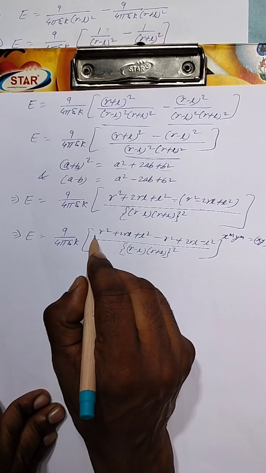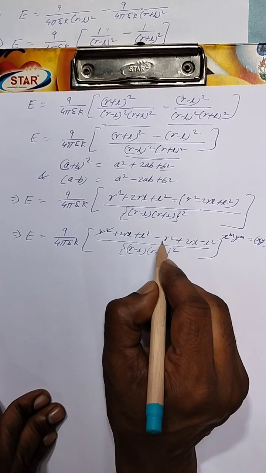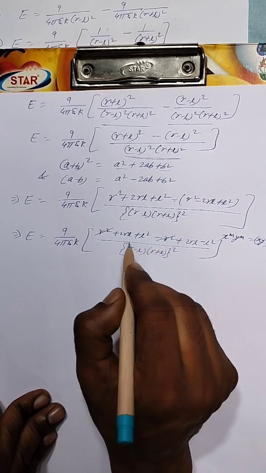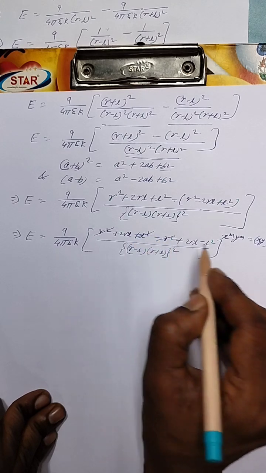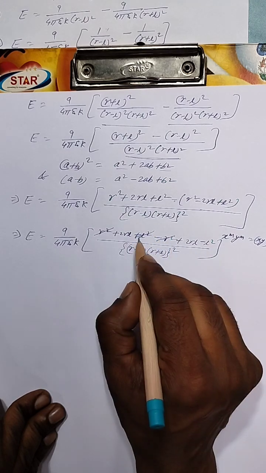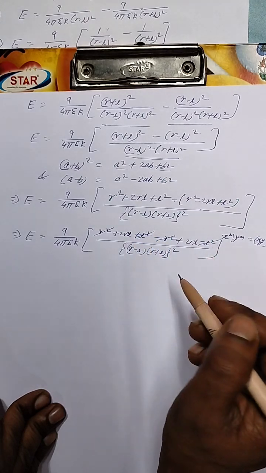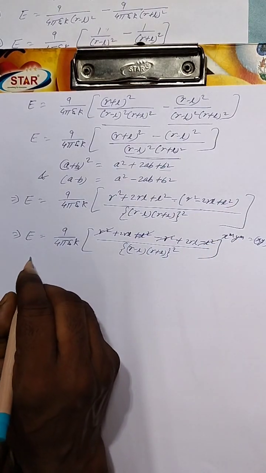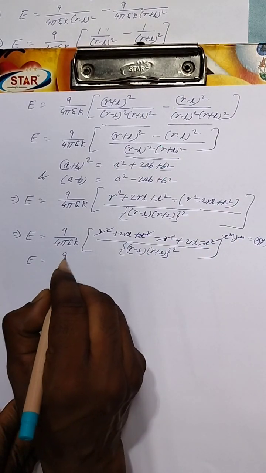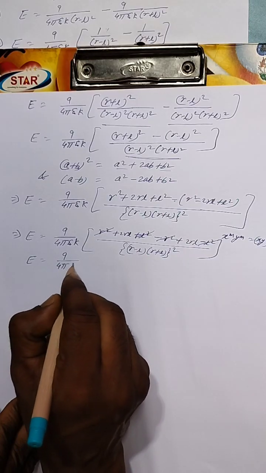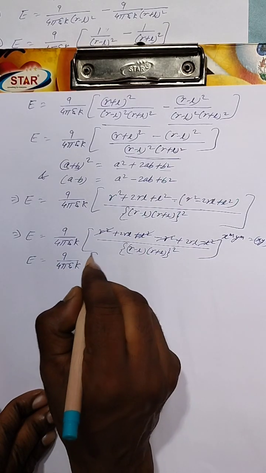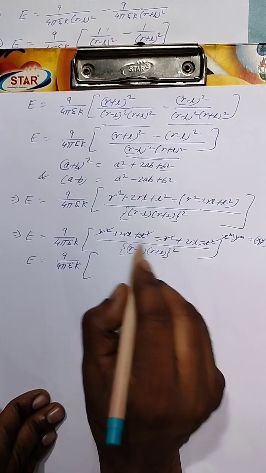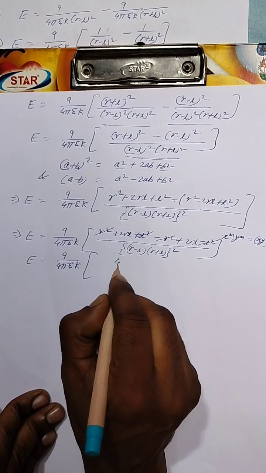The r square terms cancel, and plus l square and minus l square will cancel each other. So we get q upon 4 pi epsilon 0 k, 2rl plus 2rl, that is 4rl.